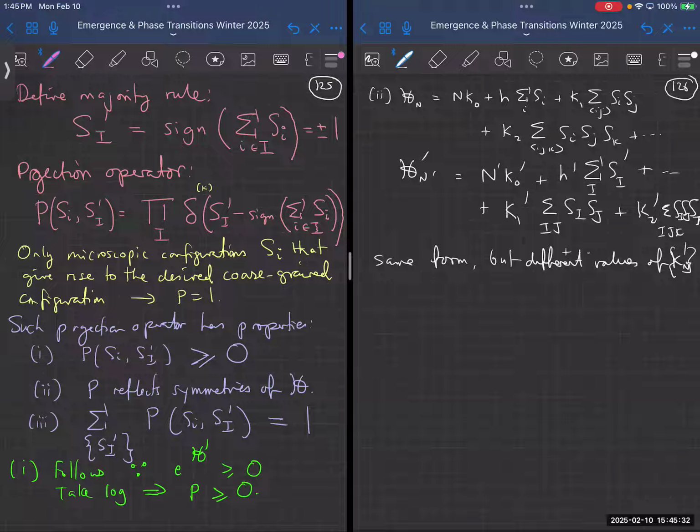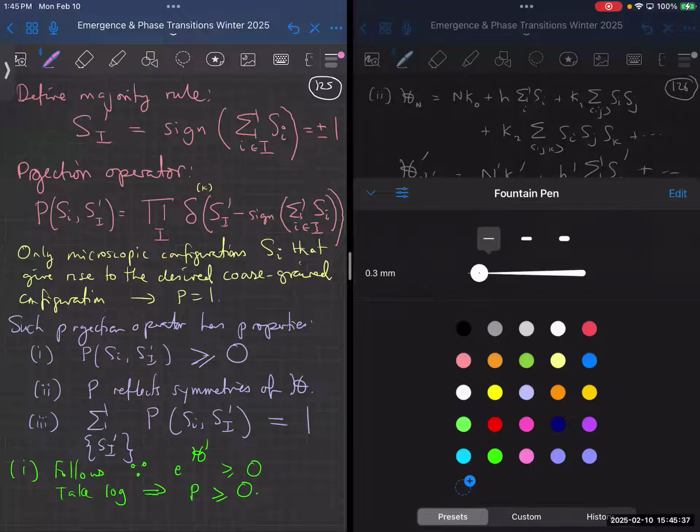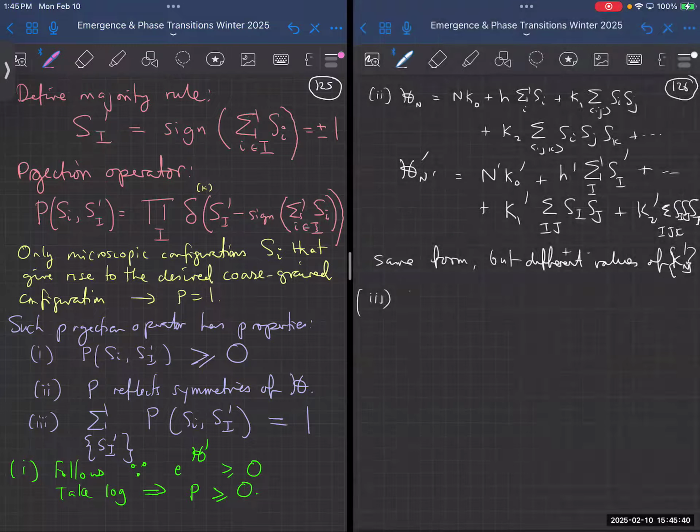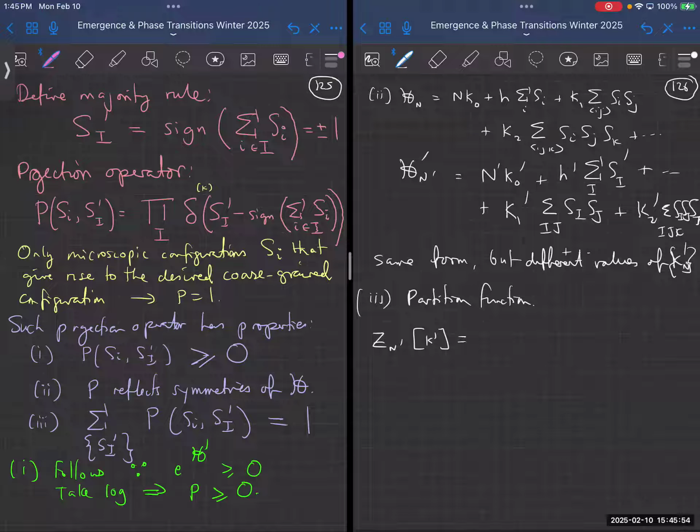Now let's ask what happens to the partition function. So the partition function is Z_n prime of k prime. So this is the trace over the coarse-grained degrees of freedom of e to the h n prime k prime s_i prime. So that's what it means.